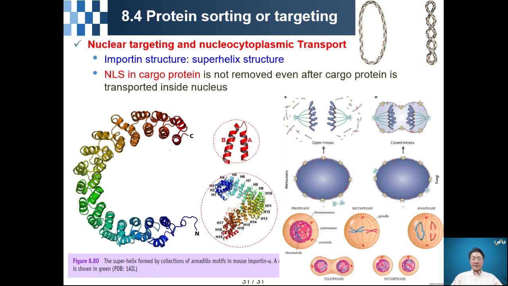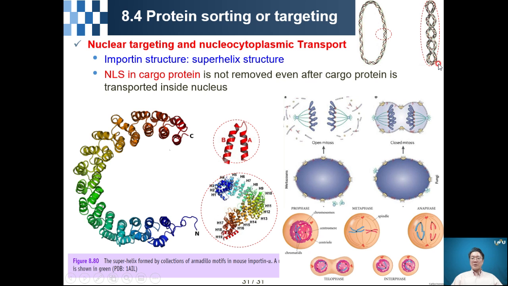Each subunit has a helix structure, like this. If we twist it again, it makes a superhelical structure like this. Each one has a helix, but again they make a superhelix structure.